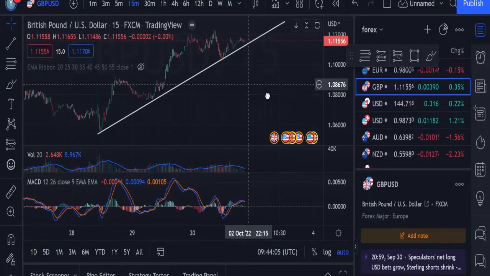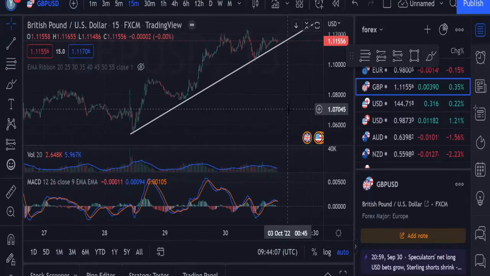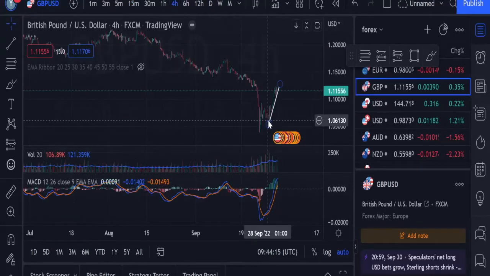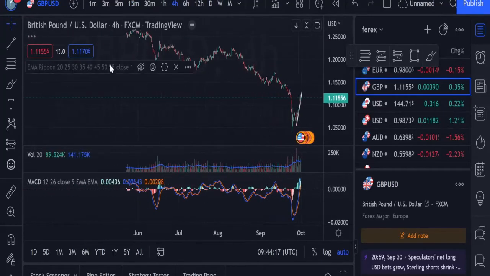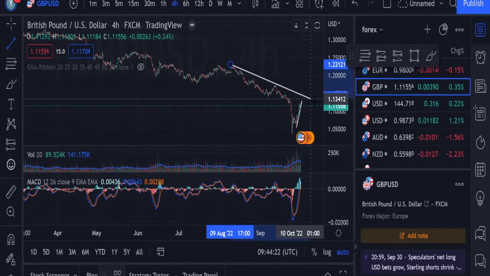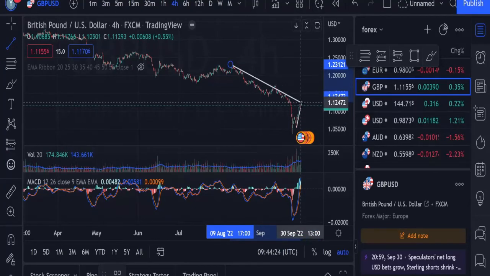But how about going long? What in this market will change for me to decide to go long? First of all, let's go back to the 4 hourly chart. Let's just check the 4 hourly structure. Is there a trend here?